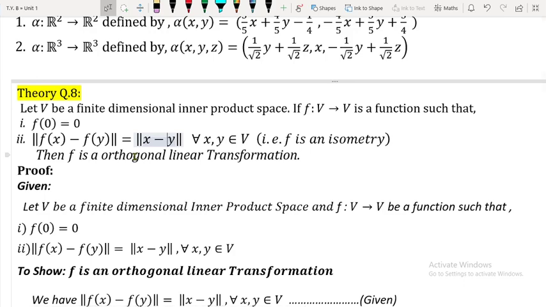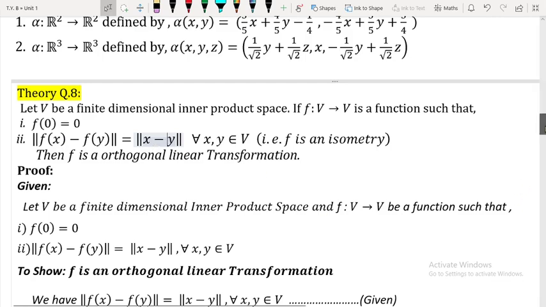Okay, so it is much easier than going for what? The usual definition of orthogonal linear transformation. So we are going to use this theorem. So remember these two conditions. First of all, 0 is mapped to 0, and the second thing is it should be an isometry.